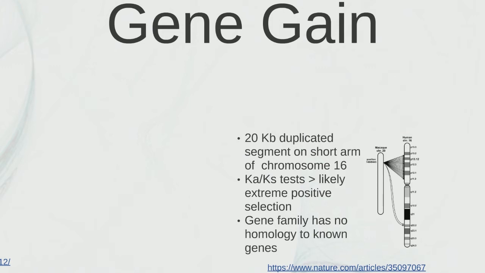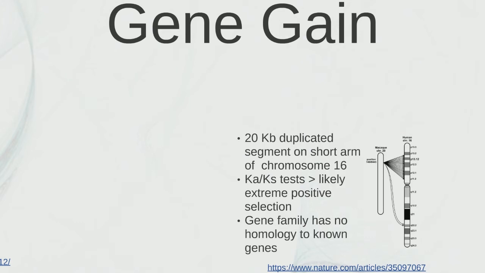We don't know anything else about it. It doesn't really have any homologs in any other mammals that we understand. So there's just like one gene in other mammals. But then between monkeys and us, it got duplicated many times. So there's like a 20 kb segment on chromosome 16 that has most of the duplications, but then there's a few that are scattered in other places.